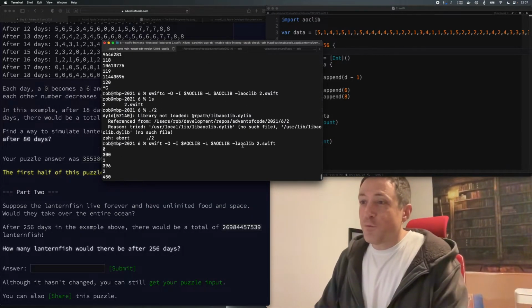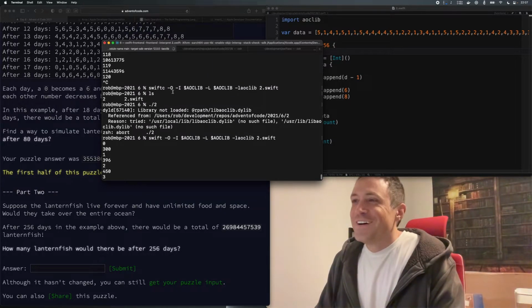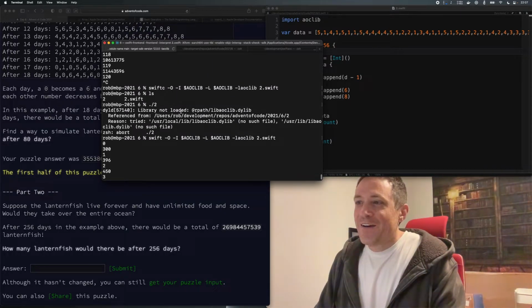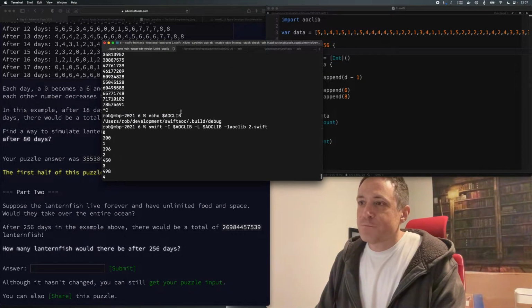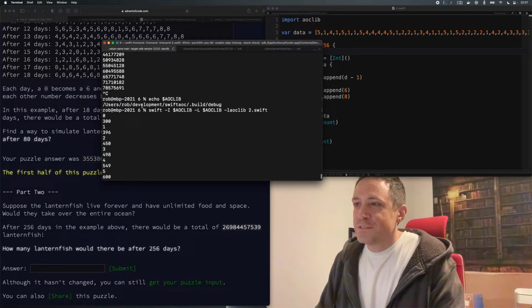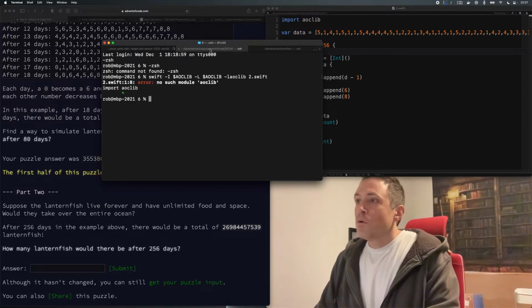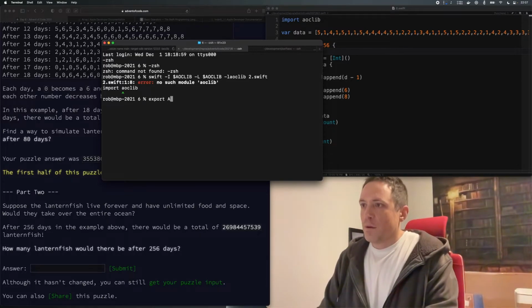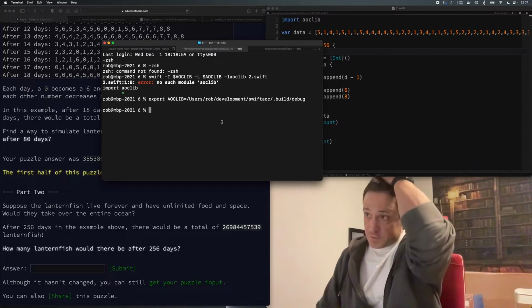So we might get to 256 before we come up with a faster way to do this. So what did we want to do? I wanted to capture this variable, just in case it comes up.